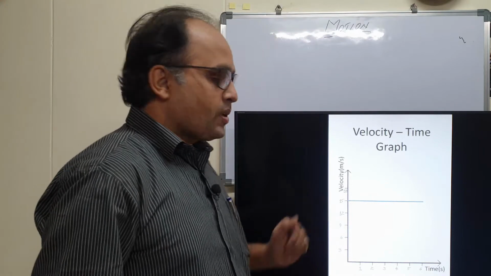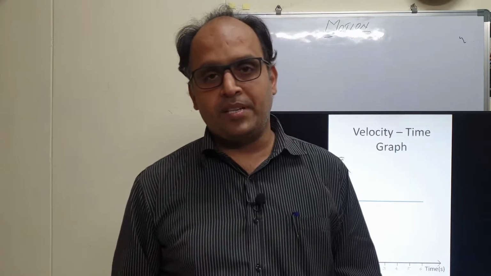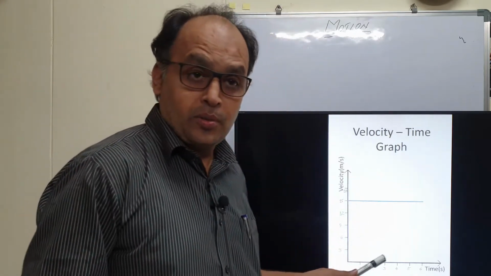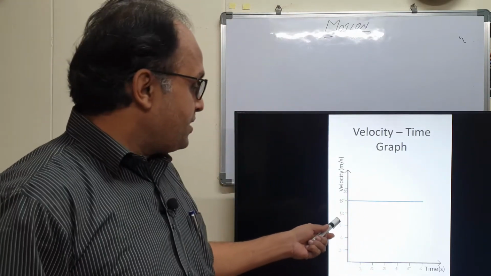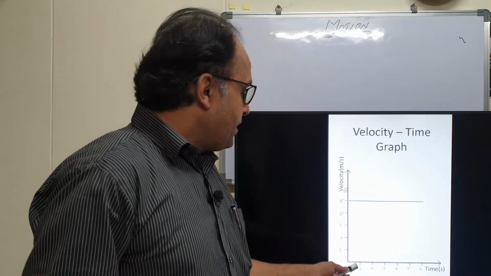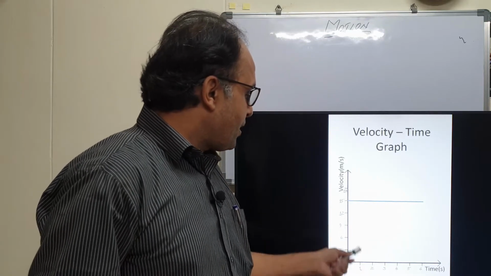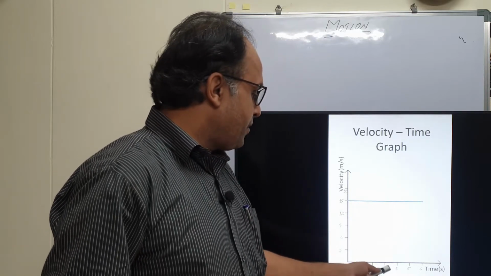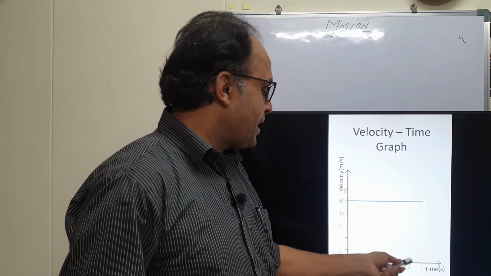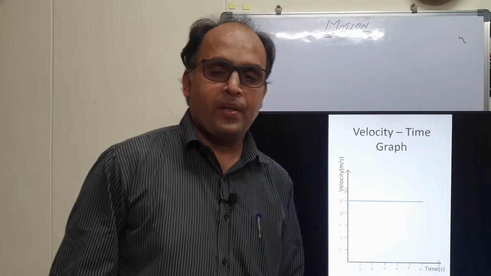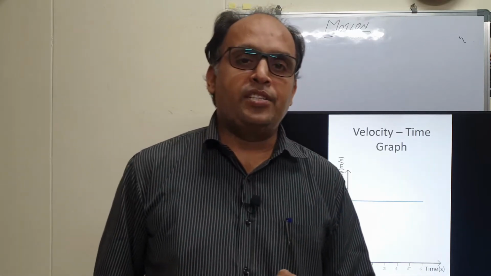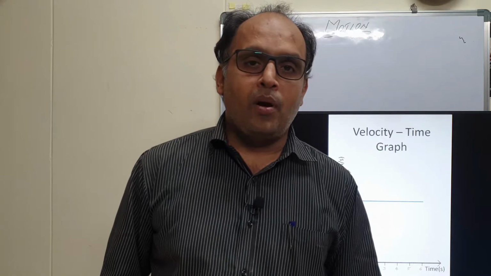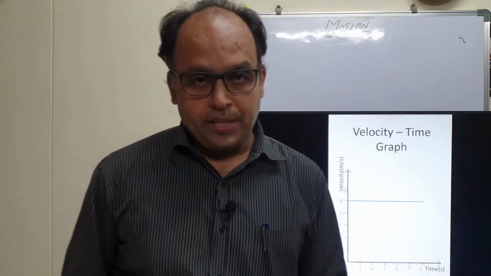Now, the same situations we discussed in the displacement time graph will be discussed here also. You can see there is a body whose velocity after 1 second is 15 meters per second. After 2, it's the same. After 3, it's the same. After 4, 5, 6, also it is the same. That means with the change in time, the velocity of the body is not changing.